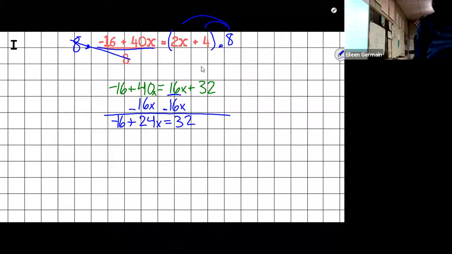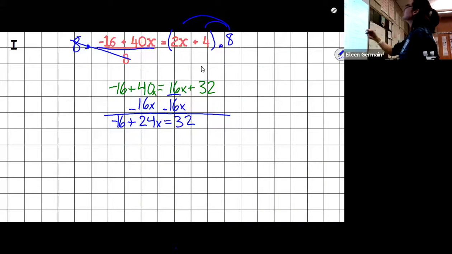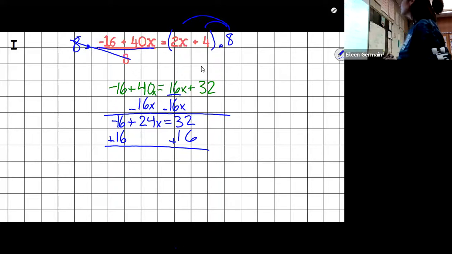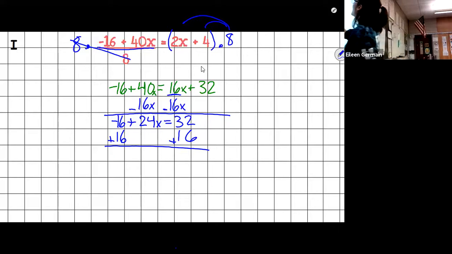Okay, let's see. Plus 16 on each side. Very good. Add 16 to each side because we need to move this constant of negative 16 over to the right side. And to do that, I would have to add 16 to each side. I add these together, I get 48 is equal to 24x.